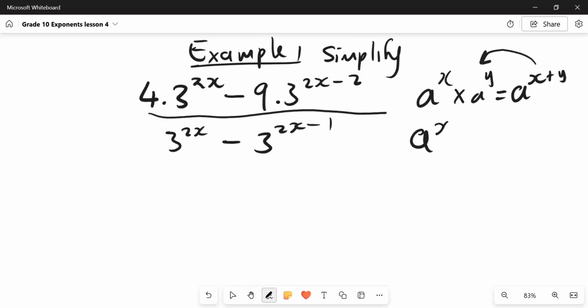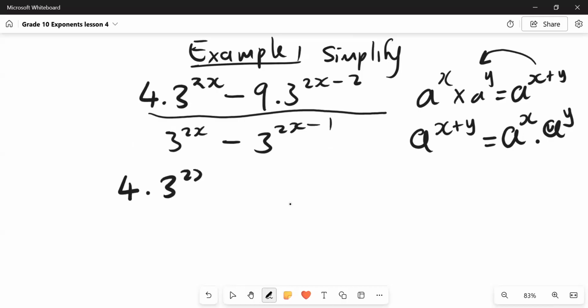So you'll have your a to the power x plus y, which can be separated as a to the power of x times a to the power of y. We have to apply the same thing here. So you have your 4 there, and then 3 to the power of 2x minus 9 times 3 to the power of 2x. Now we are separating the exponent.